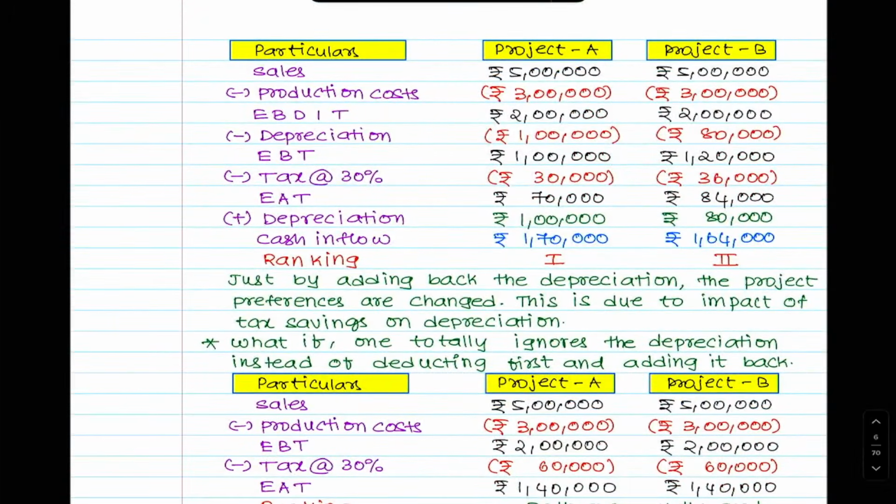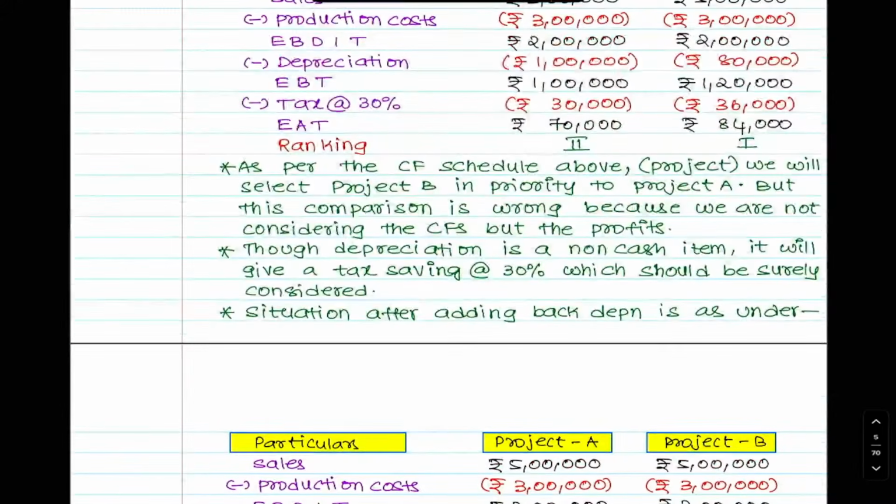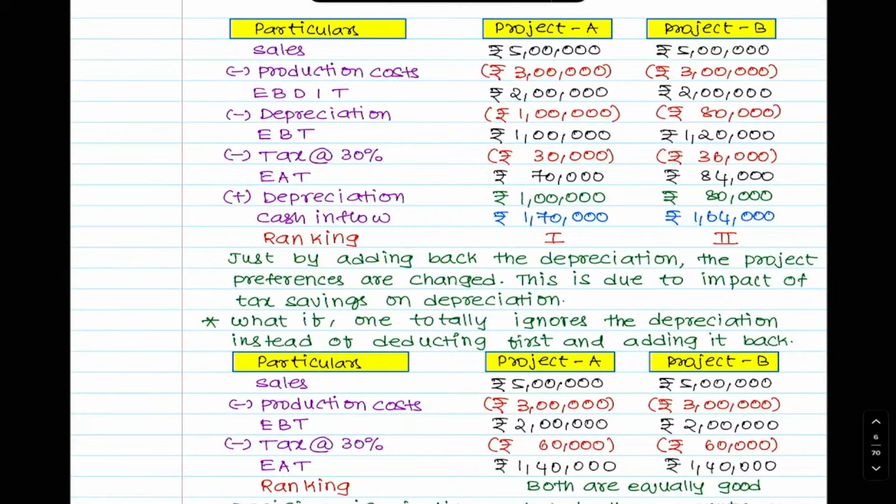So write down this. First what you have written, continue. Depreciation is the bigger one, write that down properly.